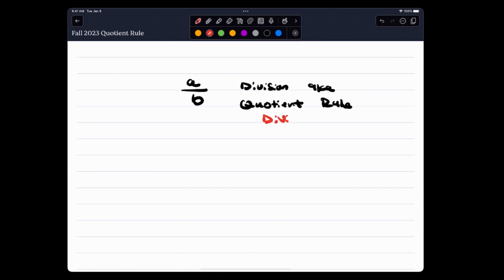To divide. I'm just going to write this: quotient means to divide. So it's almost like saying, Mr. Judge, we have a division rule.